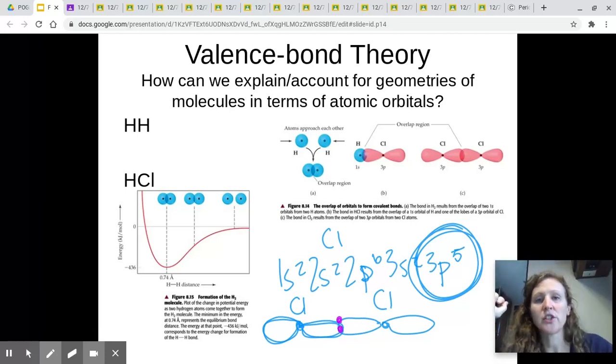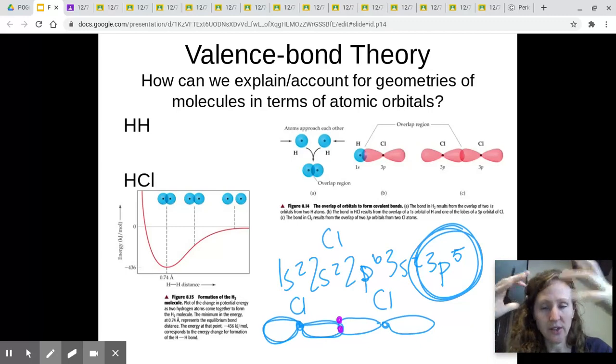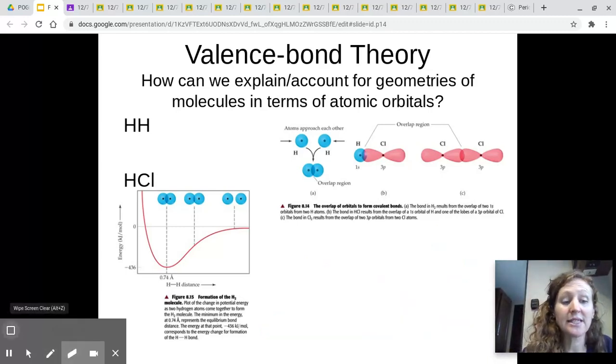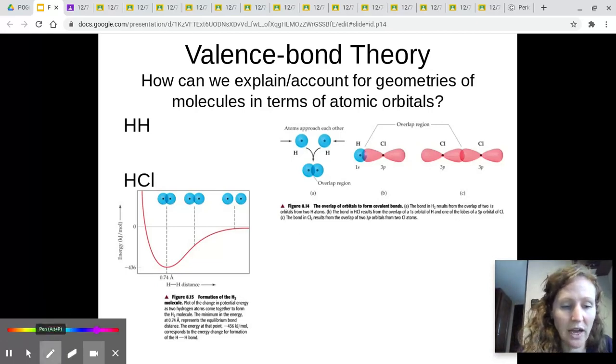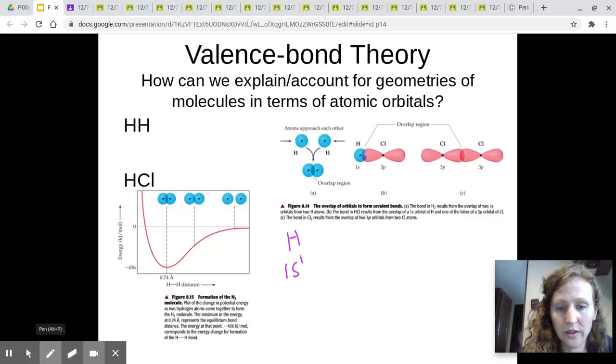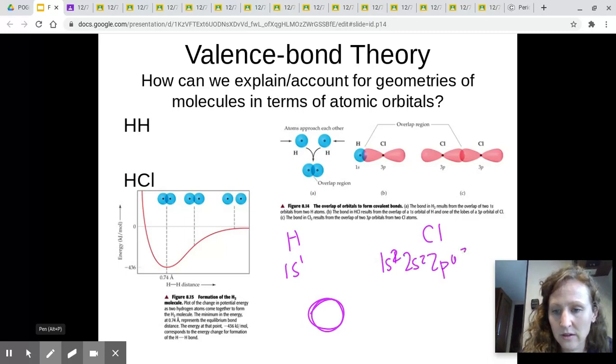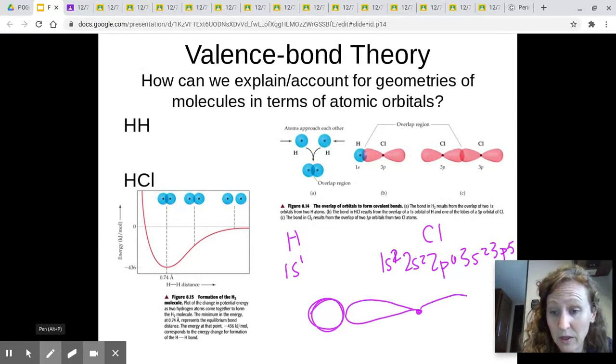So it works out, right? So far, so good. Now, what happens if we look at hydrogen bonding with a chlorine? Okay, so a similar idea. Let's take the atomic orbitals and let's overlap them. So for hydrogen, we have an atomic orbital of 1s. For chlorine, we're going to have an atomic orbital of 3p.